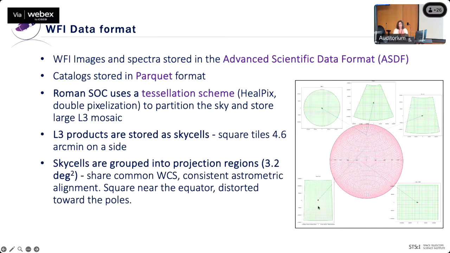Now, these projection regions are squares along the equator, and they get more and more distorted as you go up towards the poles. All of this is fully documented already on our user-facing documentation system, our docs. So if you have questions, I invite you to log in and look for detailed information.